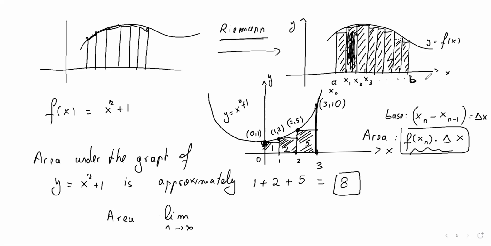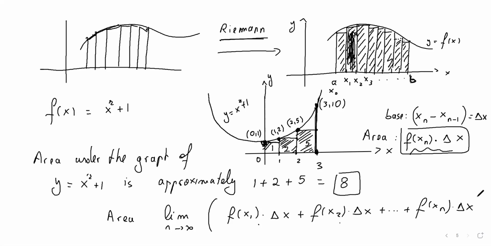So when you make a subdivision with many parts, you have a sum that is f of x sub 1 times delta x, which would be the area of the first rectangle, plus f of x sub 2 times delta x, the area of a second rectangle, plus and so on, plus f of x sub n times delta x. So this would be the formula that they give you in the book. This is called the Riemann sum.